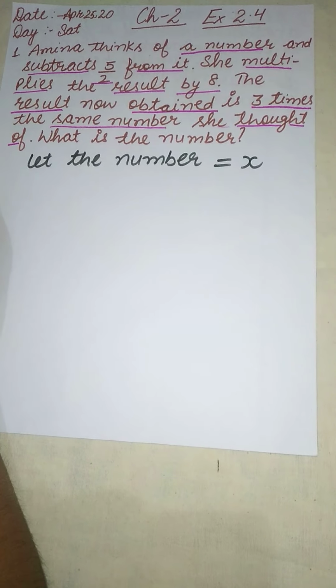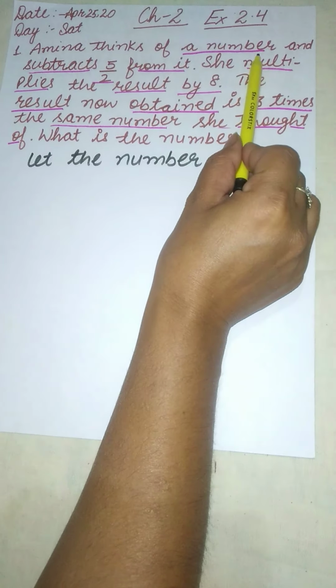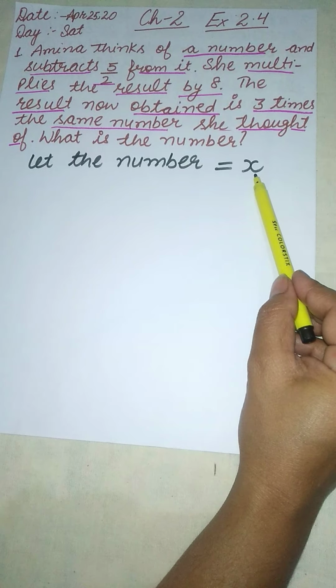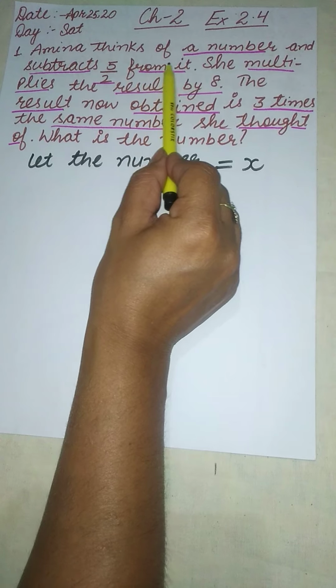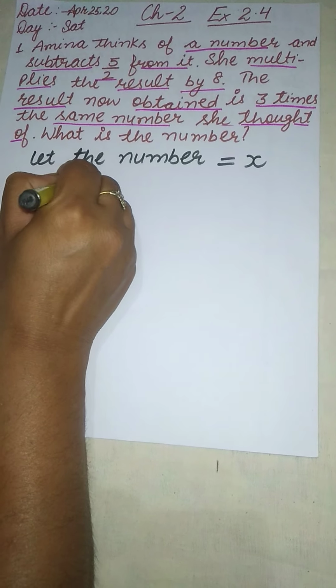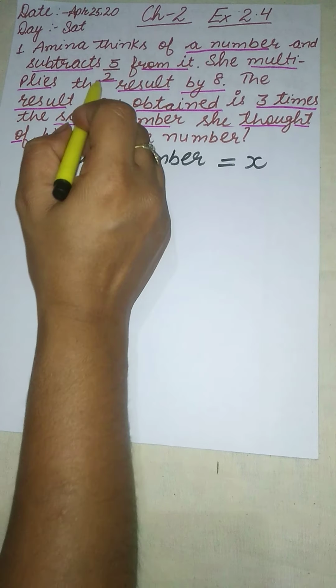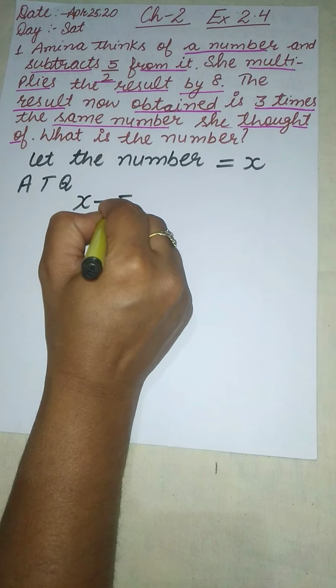Now the first condition is Amina thinks of a number. We take that number as x and subtract 5 by 2 from it. According to the question, we subtract 5 by 2 from the number: x minus 5 by 2.